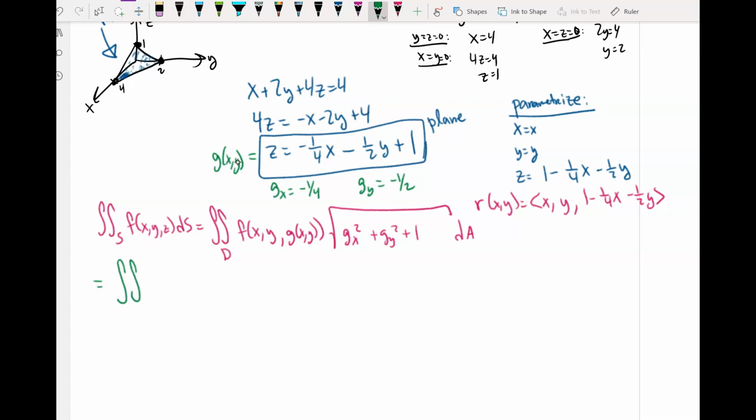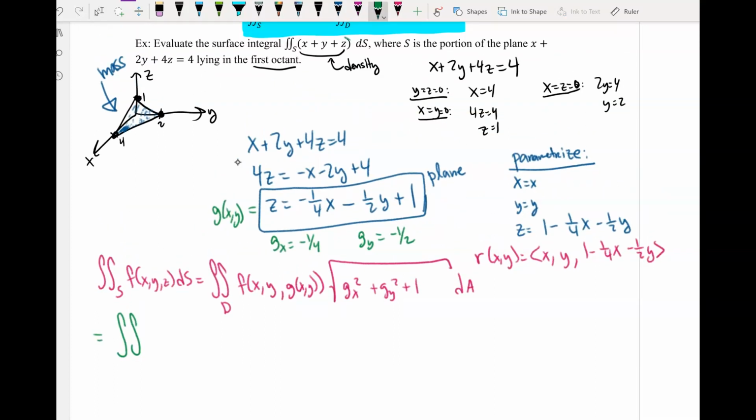Okay, so there's a lot of things. We've got this x plus y plus z. So what is z equal to? z is equal to this guy, negative 1/4 x minus 1/2 y plus 1. That's that guy.